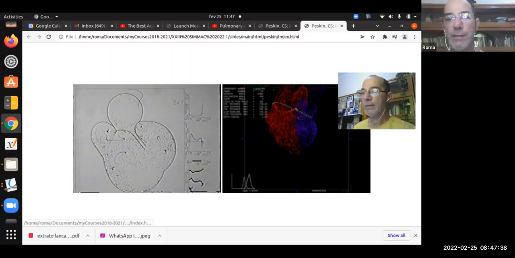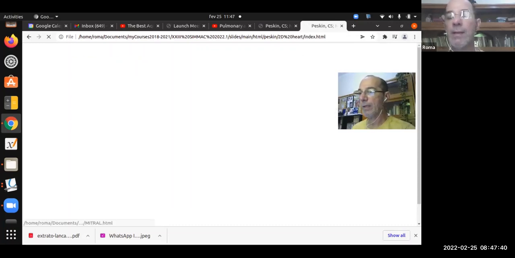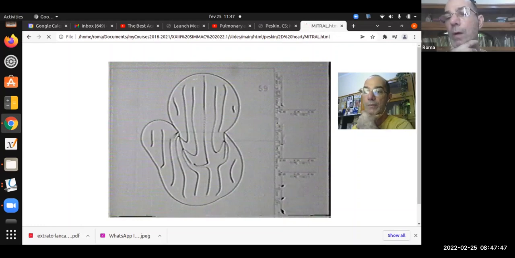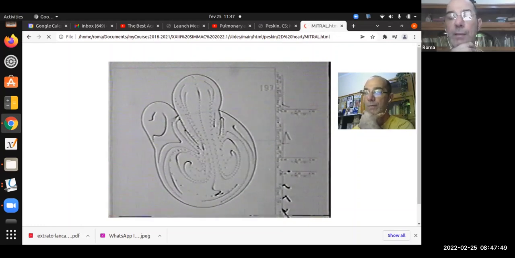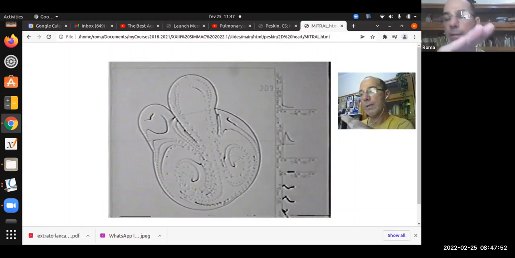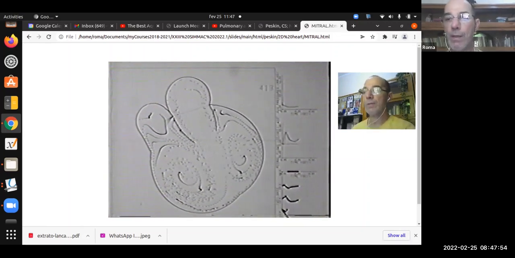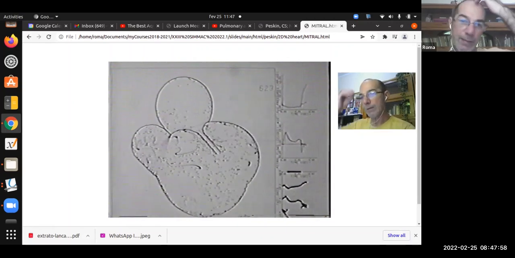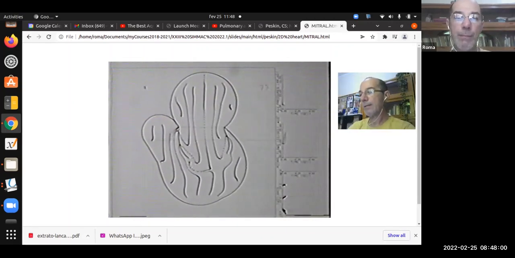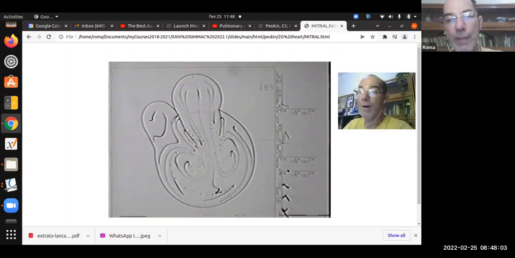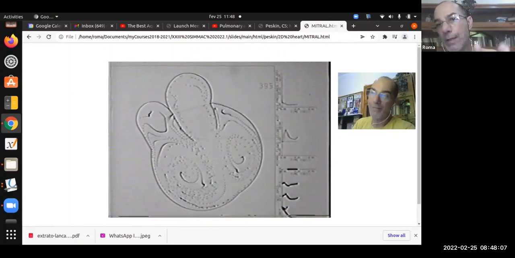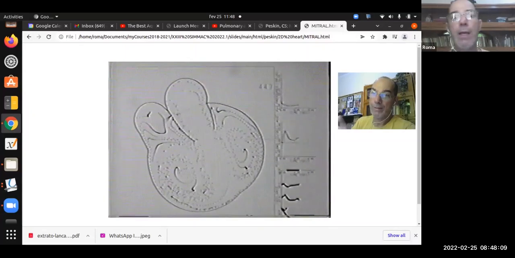These are the first simulations. Here you have a two-dimensional geometrical model of the heart. You cut it and expose the left ventricle and atrium, right? And this is a model of the mitral valve inside the left-hand side of the heart.